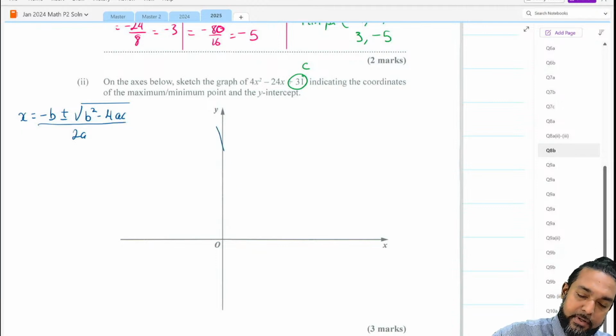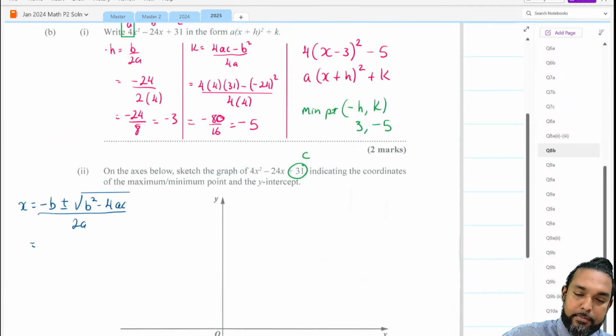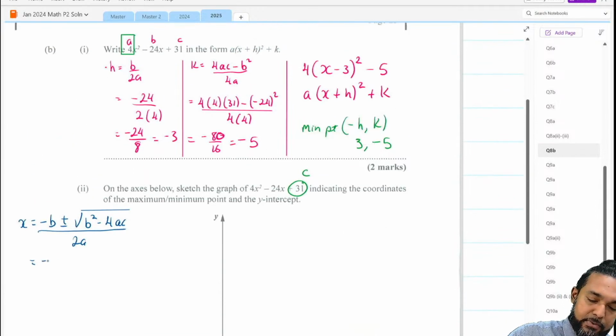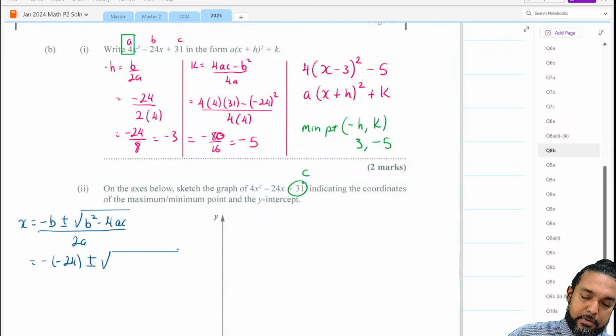So minus b, so that's minus 24, which becomes plus 24, plus and minus the square root of b squared. So that's again minus 24 squared minus 4 by a by c, all over 2a.